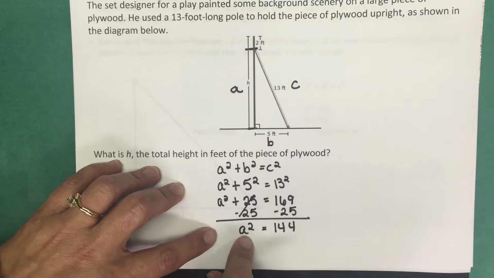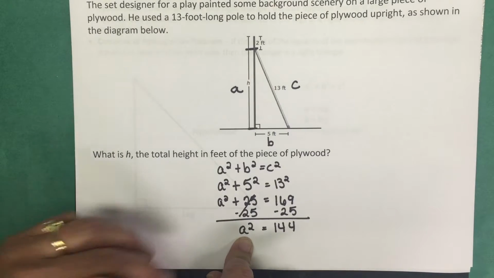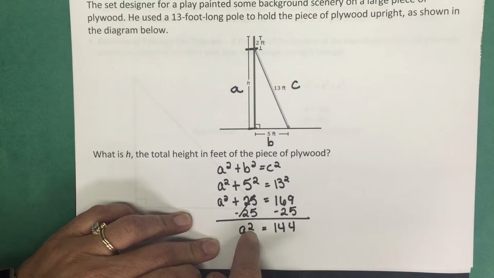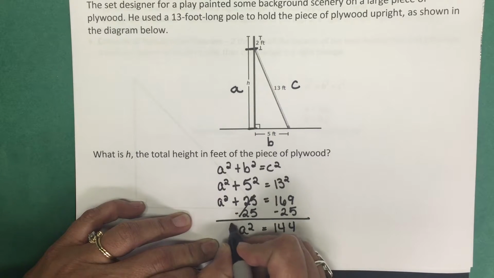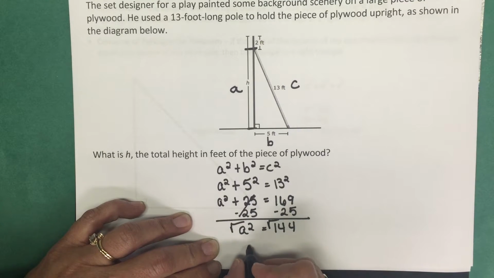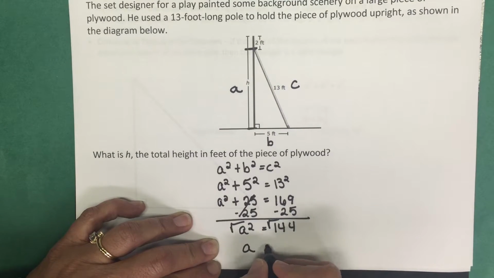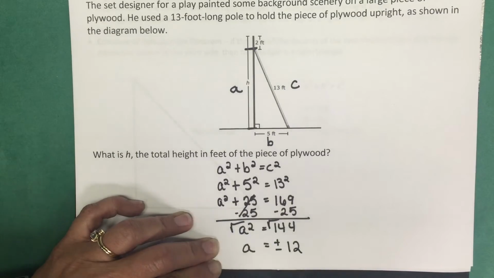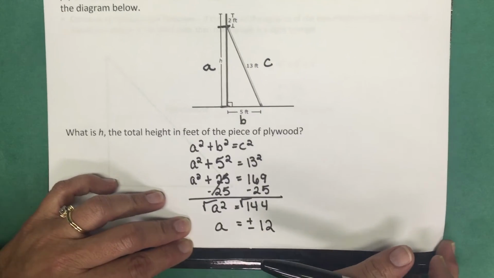So to isolate the variable, to undo the squared, the opposite or inverse operation of squaring is taking the square root. So we're going to take the square root of both sides of the equation. The square root of a squared will just leave us the variable a. The square root of 144 is plus or minus 12. The answer can be positive 12 or negative 12.